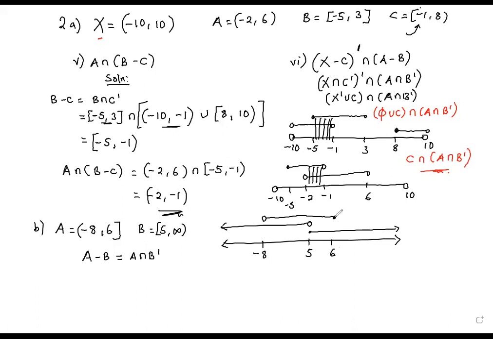This is B complement, and that is A. So they intersect here. They intersect from -8, not included, all the way up to 5, not included.